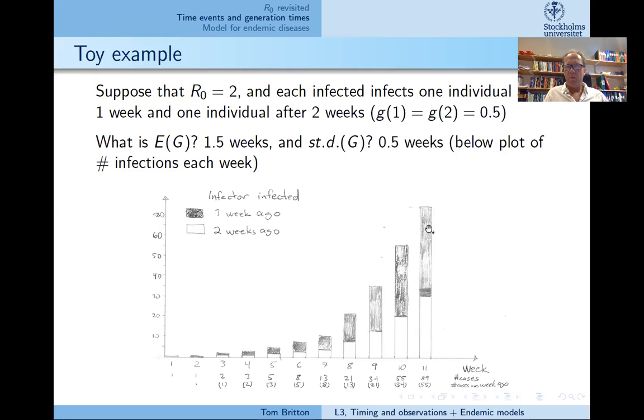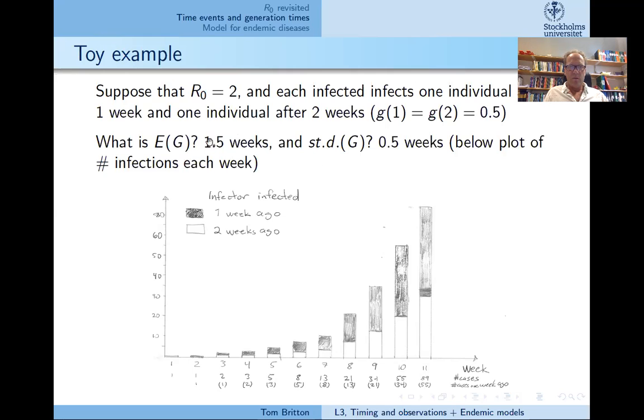And these people, they will say, I was infected by someone last week. And these people will say, I was infected by someone 2 weeks ago. So if you pick, let's say, 10 from here and 20 from here, the mean will not be 1.5, but it will be smaller than 1.5.